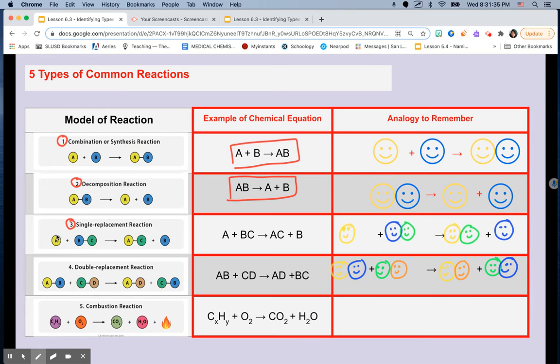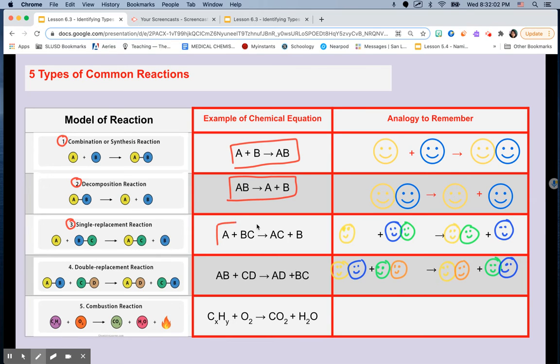Your third type of common reaction is what's called a single replacement reaction. So I'll usually have an element of some sort by itself, and it's going to combine with two elements or molecules that are already bonded or in a relationship together. And when that happens, someone in the relationship is going to get booted off, and then a new couple forms, right?